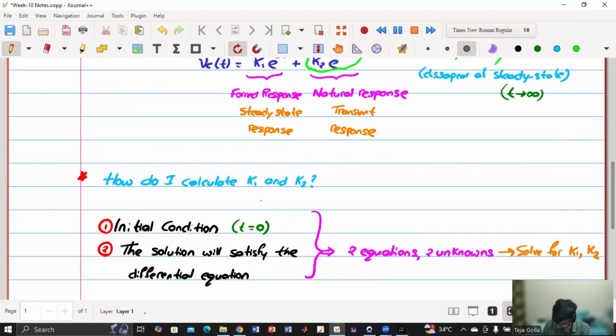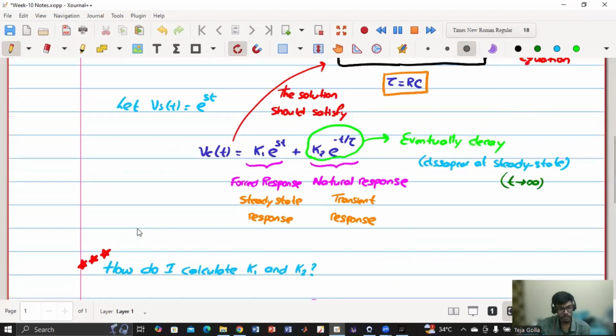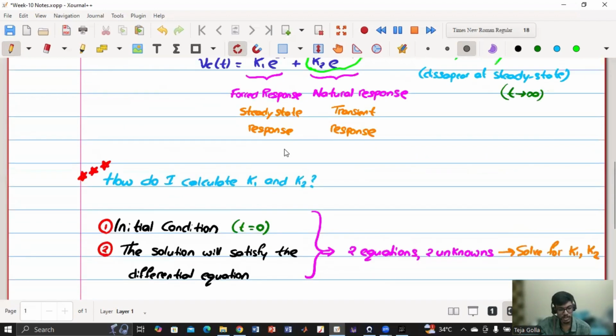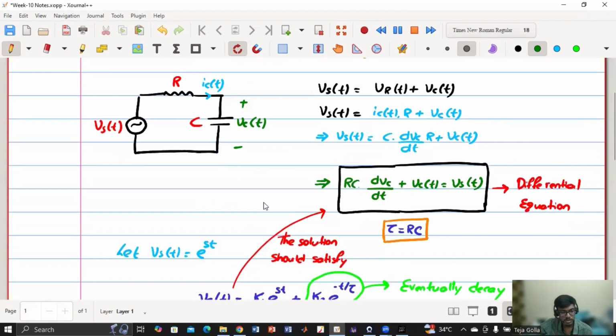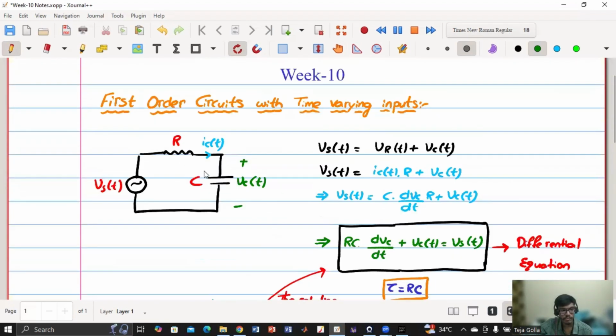Similarly, now here we have considered Vs of t is e to the power st. Now I can consider Vs of t equals some a cos omega t. Now it will be a scaled version of Vs of t plus there will be some phase, because these are all filters, so there will be some phase delay with respect to input.